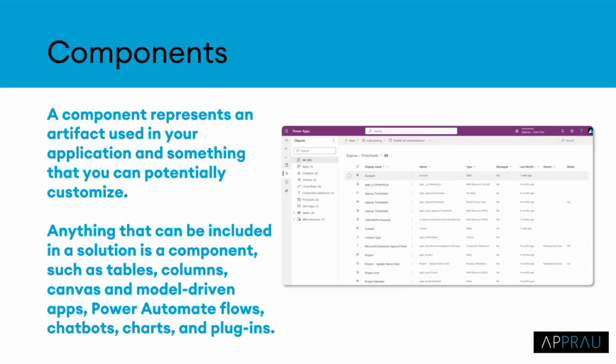It could be anything that is part of your application. What you do normally is you take your components and put them into your solution, and then the solution is the one thing that you deploy from one environment to the other.